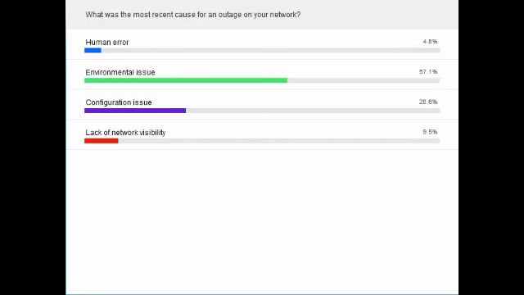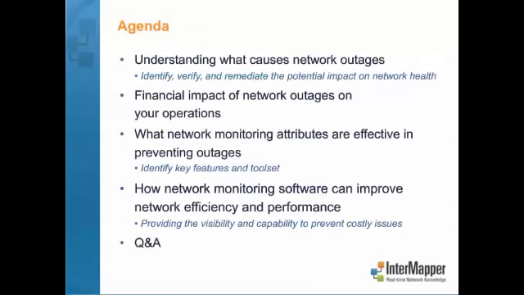So our agenda today is we'll talk about some of the things that cause network outages, as we previously talked about. Very important that we identify, we verify, and we look to remediate those potential impacts. We'll take a look at a couple of examples of large brands that we're very familiar with that had some network outages and the financial impact of those outages.